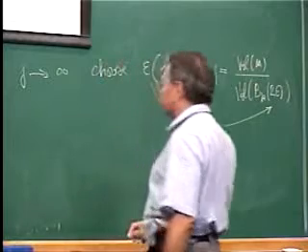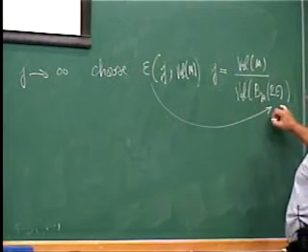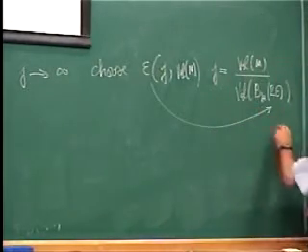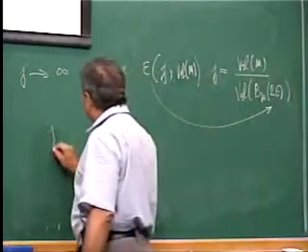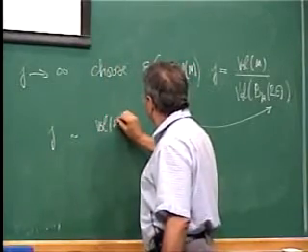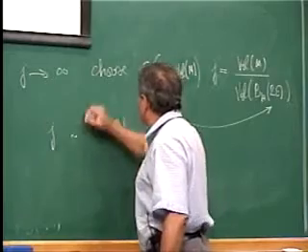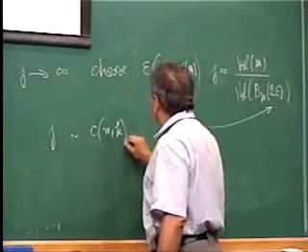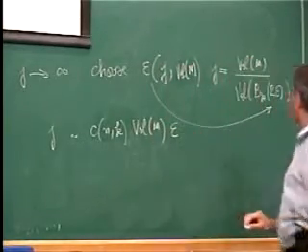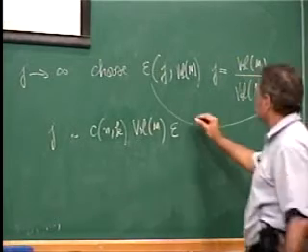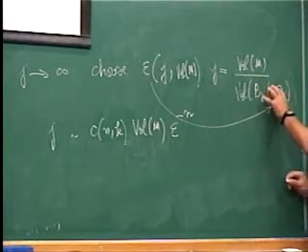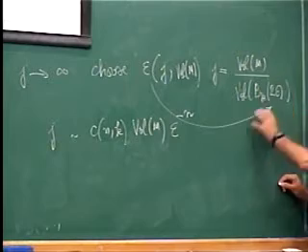So what does this mean? So essentially, this tells you when epsilon is small, J is something like volume of M, a constant which depends on N and K, times volume of M. And here I will have epsilon to the minus N. Okay, because when epsilon goes to 0, this behaves like epsilon to the N with some constant.